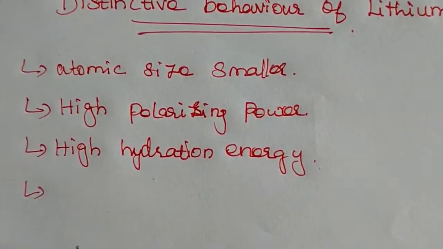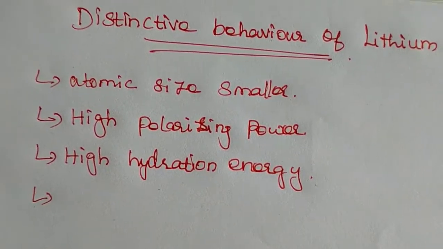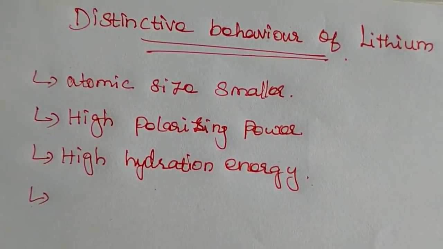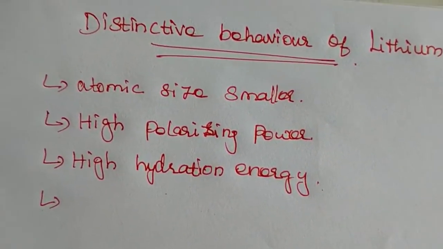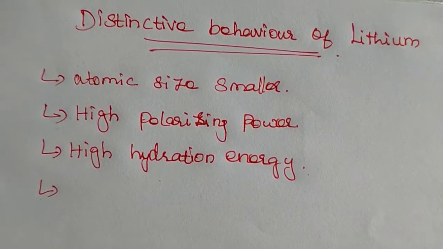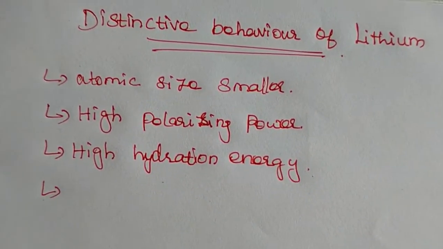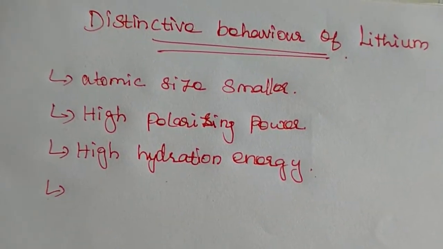And there is absence of d orbitals. In this series, they contain only s orbital in the valence shell, but the other elements in that series, lithium, sodium, potassium, rubidium, cesium, some contain d block elements and p block elements also.